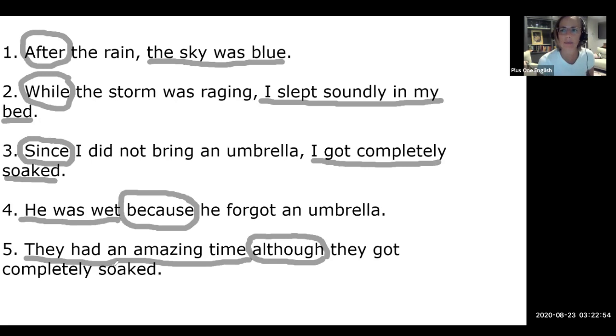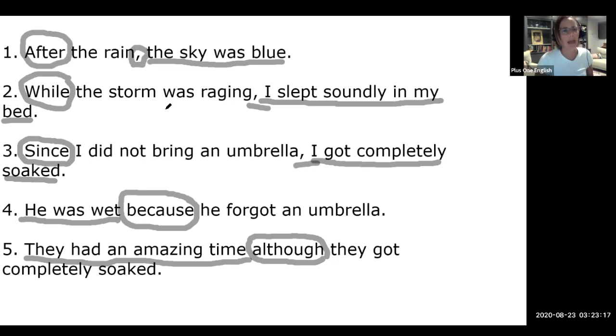So it really doesn't matter which order you put these in. You can have the independent clause first and the baby clause second, or switch it around. And if you notice though, when that subordinating conjunction word is at the beginning, you do need a comma in the sentence, okay? Here, we don't have a comma, we don't need it.